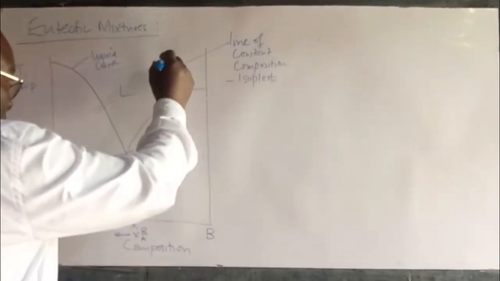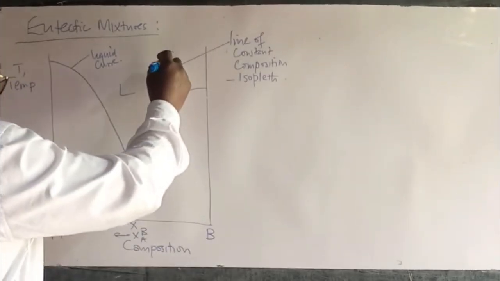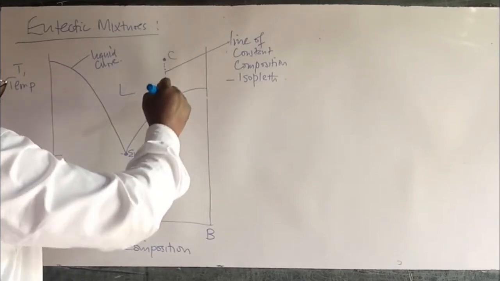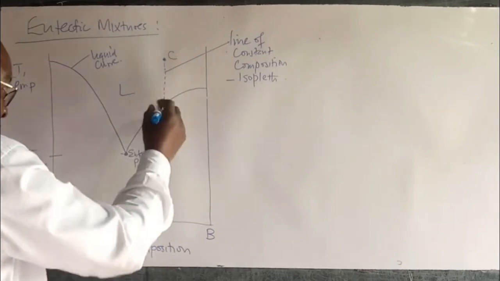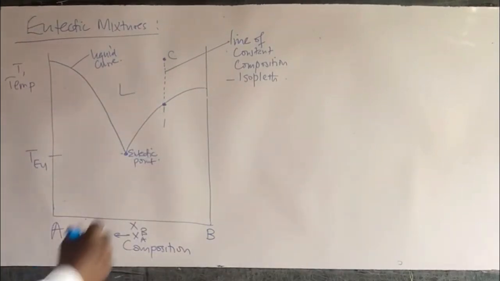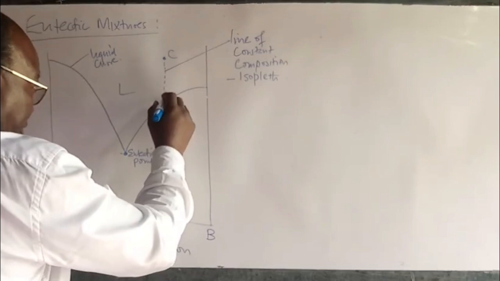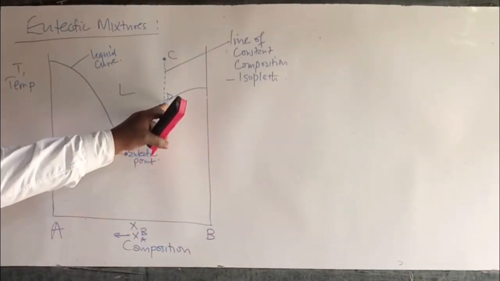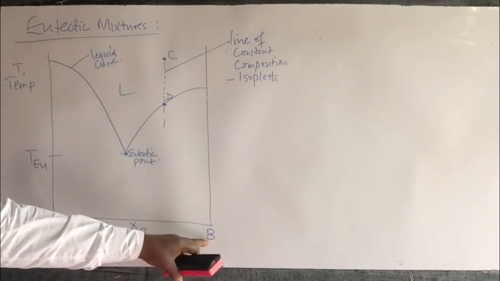As you continue, you are still in the liquid region where you have the homogeneous liquid phase. Now, when you reach the freezing curve here, or the liquid curve here, let us call that point D, state point D. At state point D, you will have the first crystals of B crystallizing out.